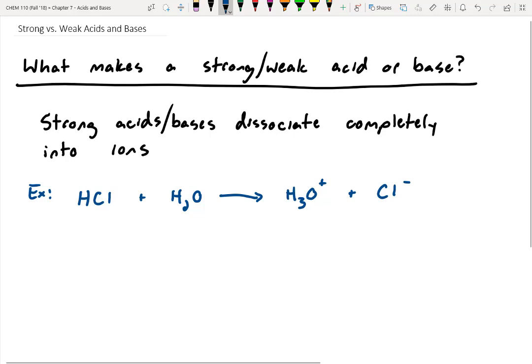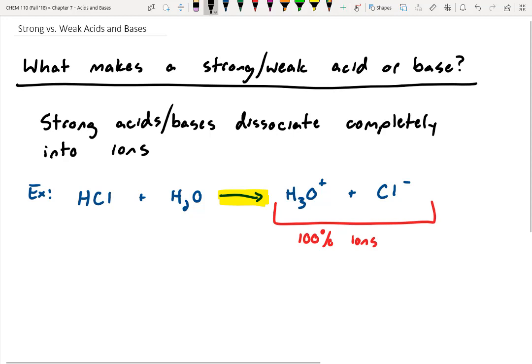So what this means is that because HCl is strong, we're going to have 100% ions in solution. Because of this, we often show strong acids and bases using a one-way reaction arrow, meaning it's an irreversible reaction. When it forms ions, those ions won't combine and then reform the starting materials.